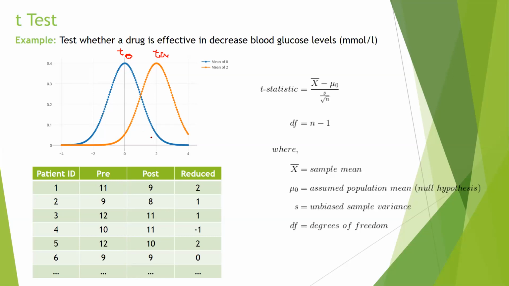fits it or not. If you have data, you can always calculate a statistic, right? So you got a statistic, let's say X bar or something. And this statistic will help you to calculate the probability, like the probability density function. And this probability will tell you whether your test statistic fits the null model or not.